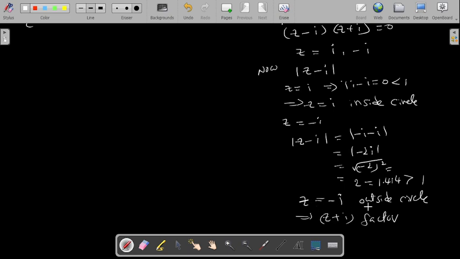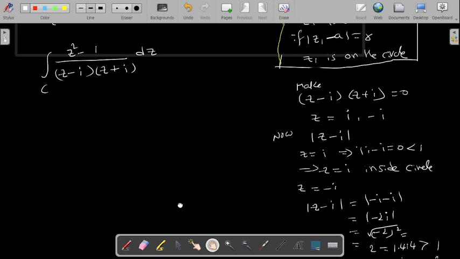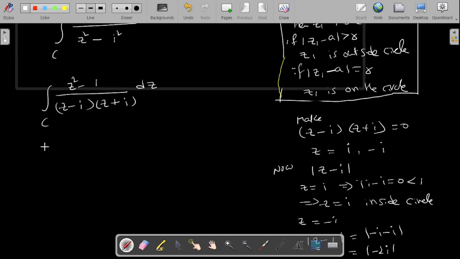Remember one more time, when z equal to minus i is outside the circle, take the z plus i factor into the numerator. So integral C of (z square minus 1) by (z plus i) whole divided by (z minus i) dz.